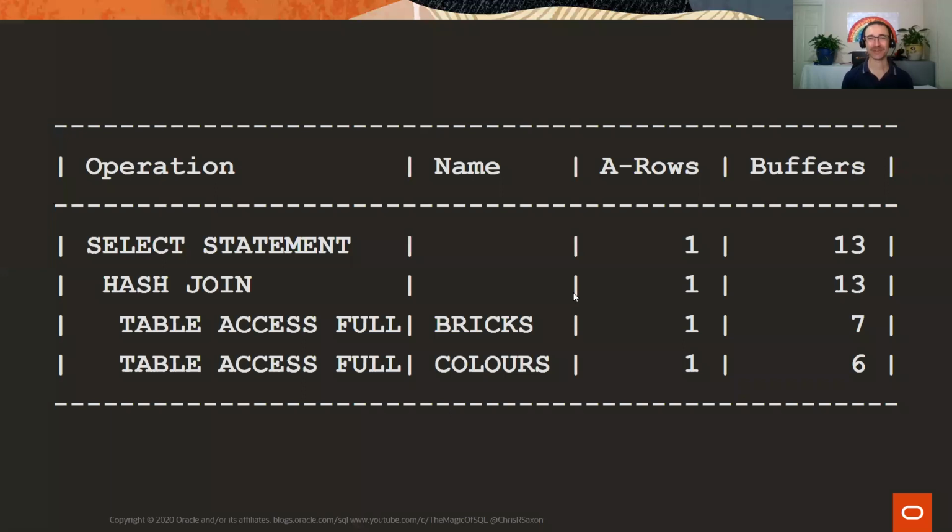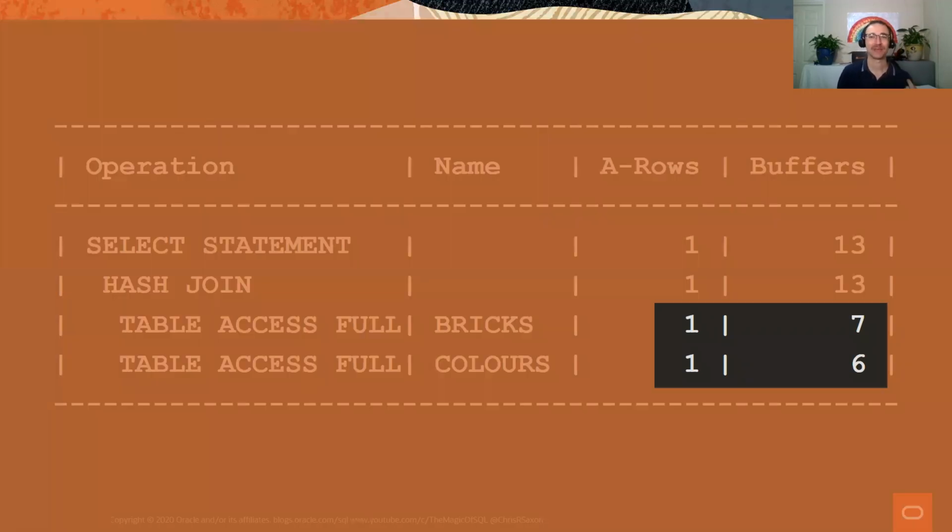So let's go back to our two-table join, full scan of both the tables. And here we're getting just one row from both of the tables. But how much work are we doing to get them? Well, we're doing 7 or 6 logical IO operations to get just one row, right? And the relationship's kind of the wrong way round here.